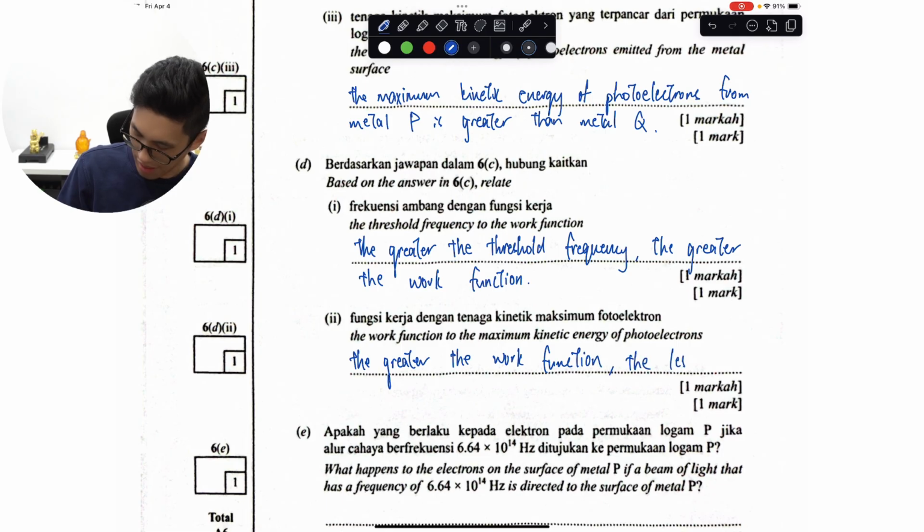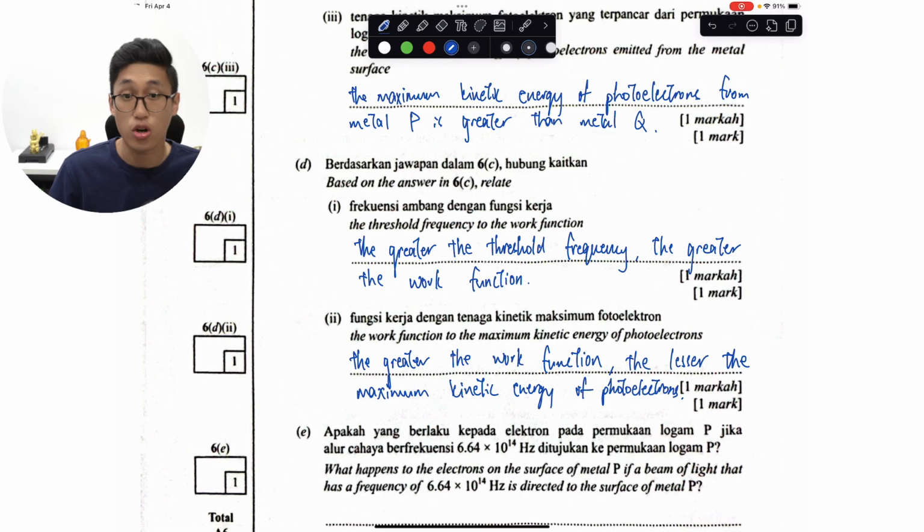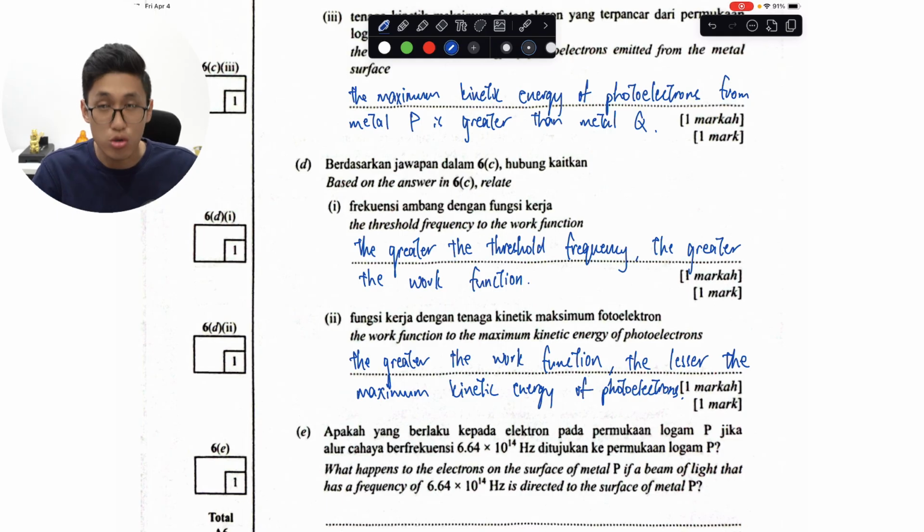Remember, photoelectrons are the electrons that are released due to the photoelectric effect. When you shine light and the electrons come out, we call them photoelectrons.